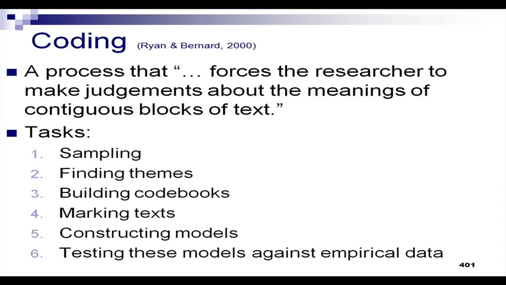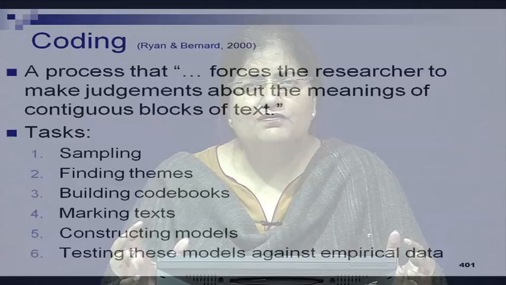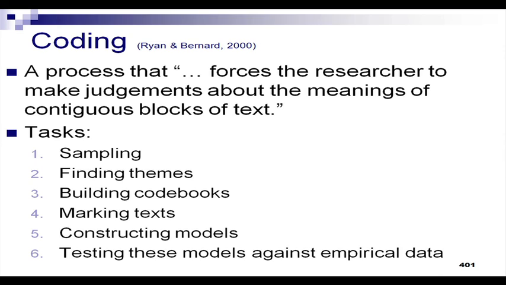The second step here is finding themes. We take a sample and we find what emerges. We take these blocks of text and we try to find out what is emerging out of these texts. The third step here is building code books. We try and understand, or we make a list of what these words indicate in terms of code books, and we had talked about code books even in the previous lecture, so I'm not going to go into detail about that.